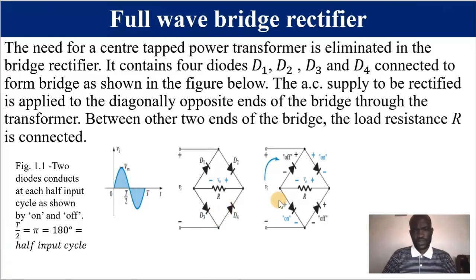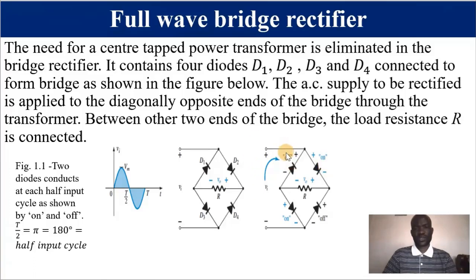We've got 2 diodes that conduct at a time. For example, these 2 diodes are on, which means they are conducting, while these 2 are off. At the other input half cycle, these 2 diodes will be on and these 2 will be off. So what are we saying?